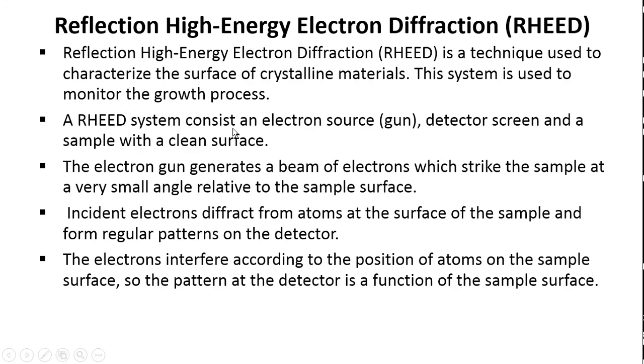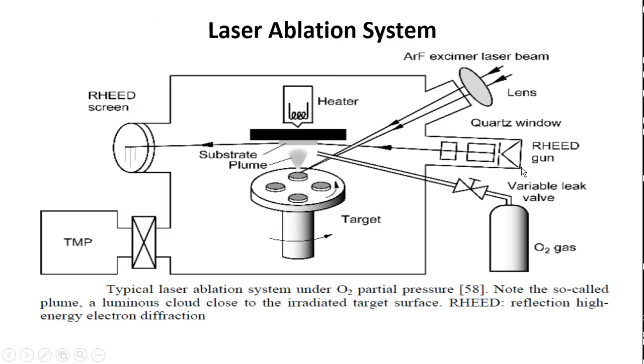A RHEED system consists of an electron source, that is here. This is an electron gun shown here, and this is a lens that focuses the electron beam upon the thin film produced, right? That will then be redirected upon a RHEED screen. This is a RHEED screen.